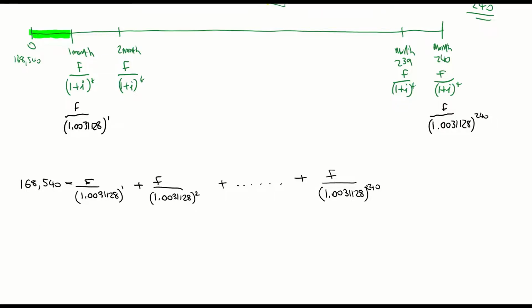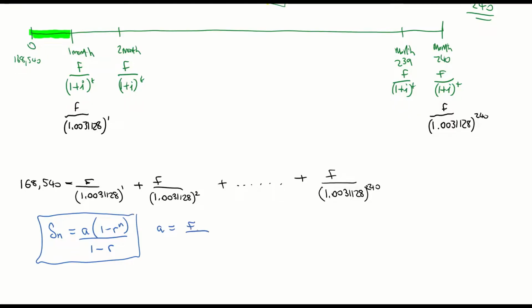So once again, I can use my sum of all terms formula from my log tables: A times 1 minus r to the power of n over 1 minus r. Filling in pieces of information that I know. A is my first term, which is f over 1.0031128. My r is the ratio that it's going up by.